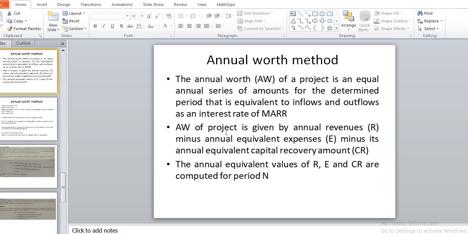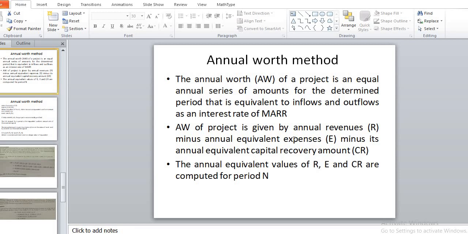So in the annual worth of a project, we consider annual revenue, annual expenses, and capital recovery amount for a particular period. So in calculating this annual worth, we consider annual revenue, annual expenses, and annual capital recovery.